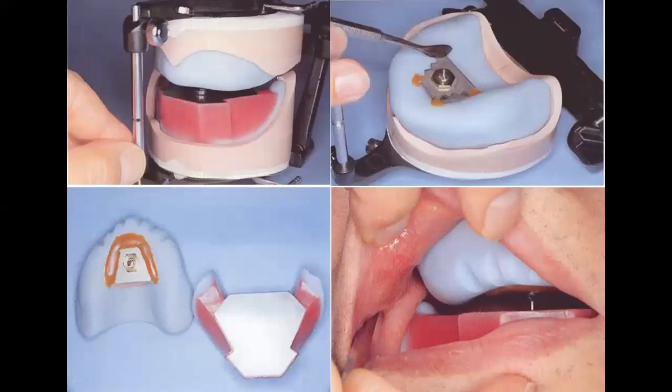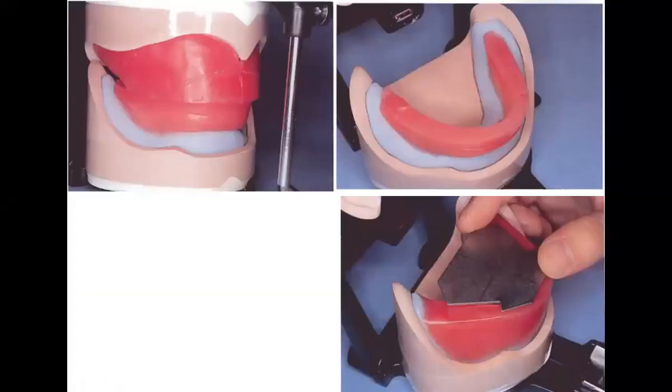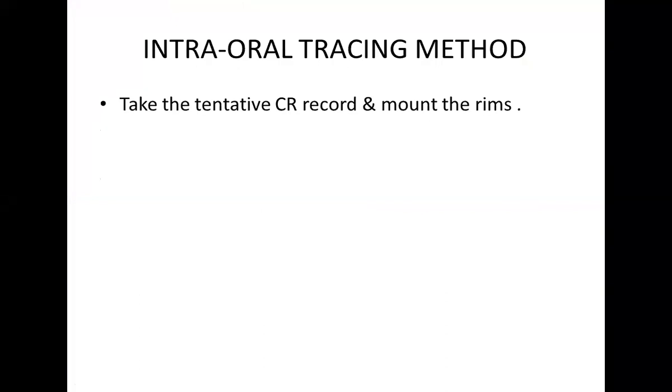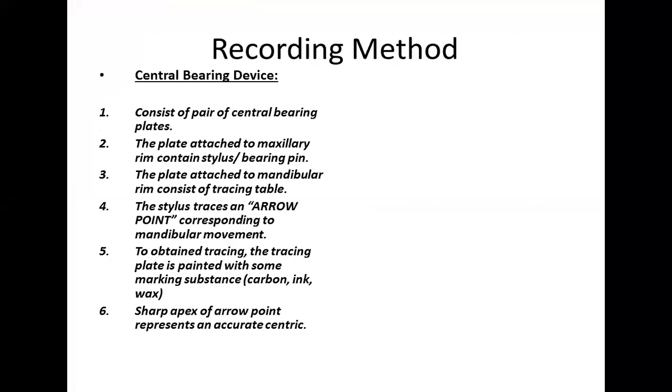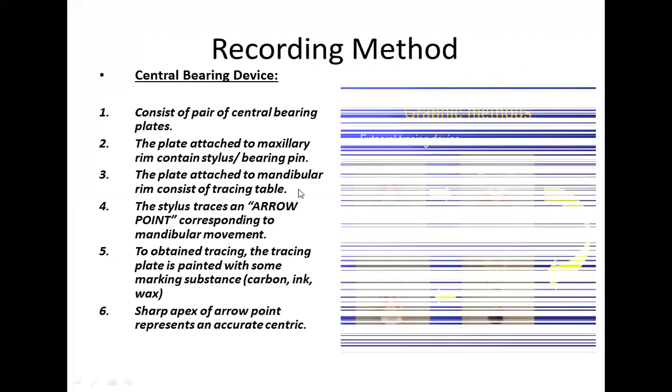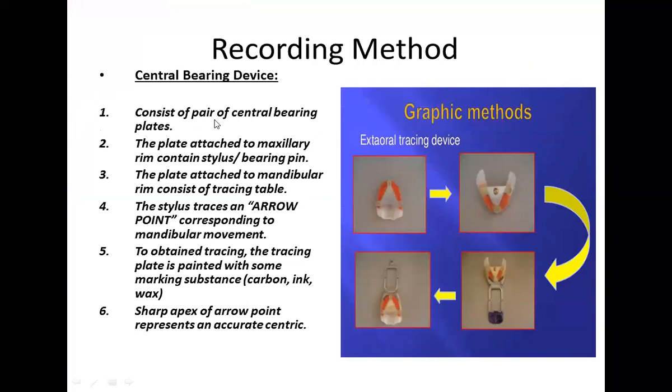So you can see in this picture, the lower plate is in the mandible and this is the maxillary jaw. You can see this stylus here, which is touching the lower plate. These two plates together are called the centric bearing device. This pair of centric bearing plates, one is this plate and the other is this plate.